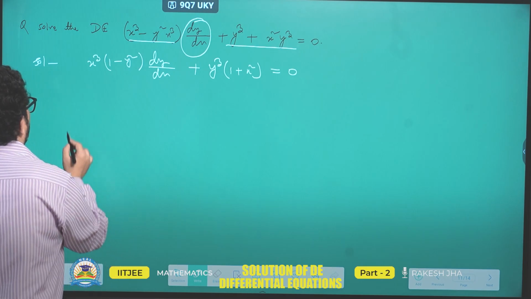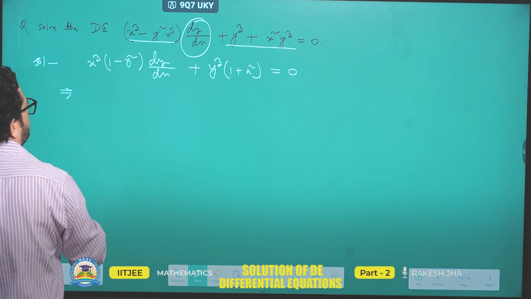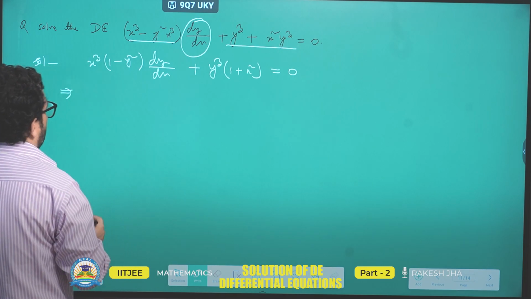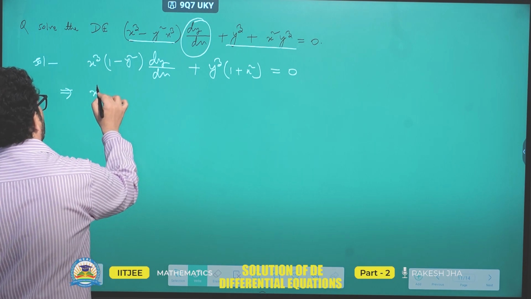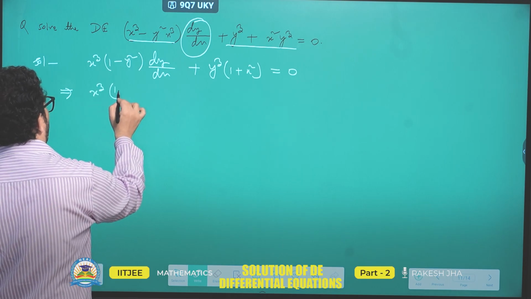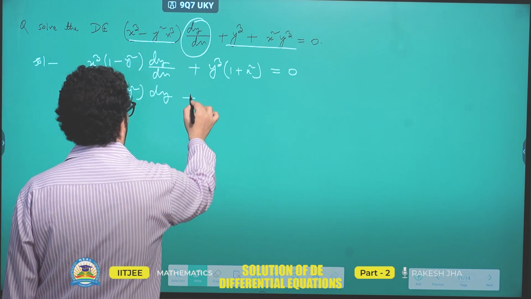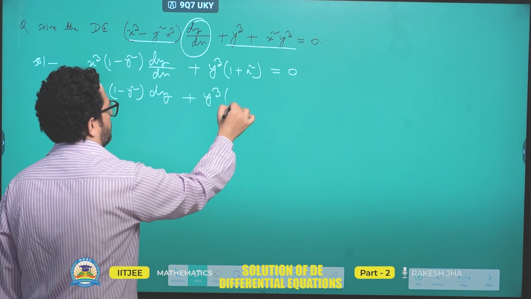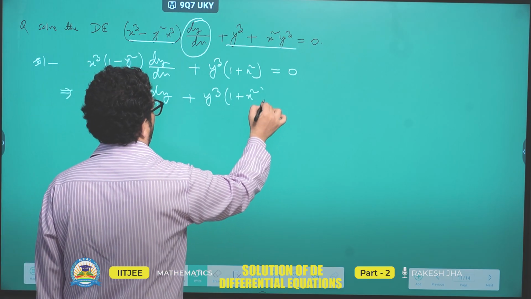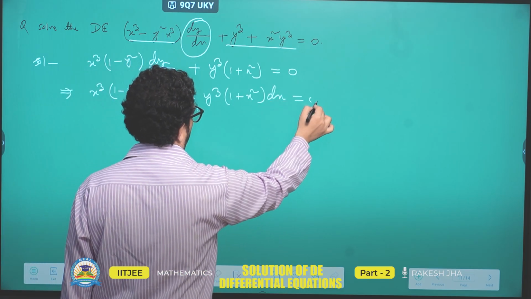Next step, if you take LCM: x cube times 1 minus y square dy plus y cube times 1 plus x square dx is equal to 0.